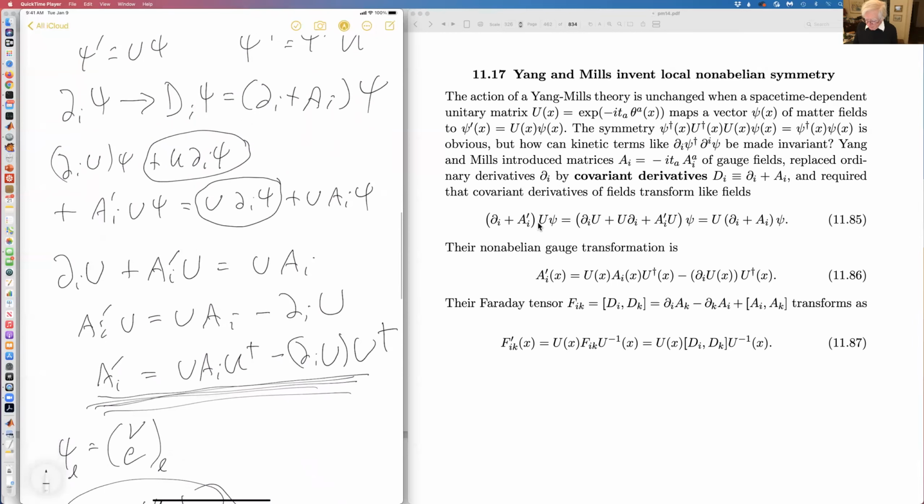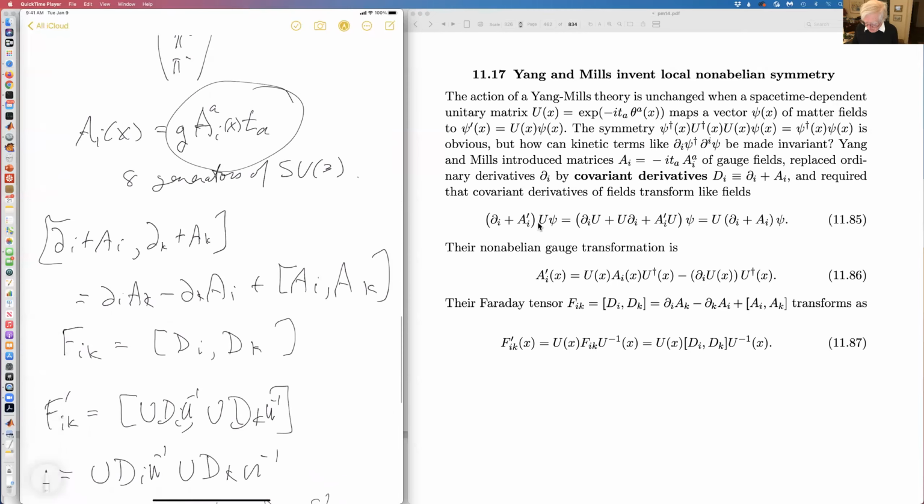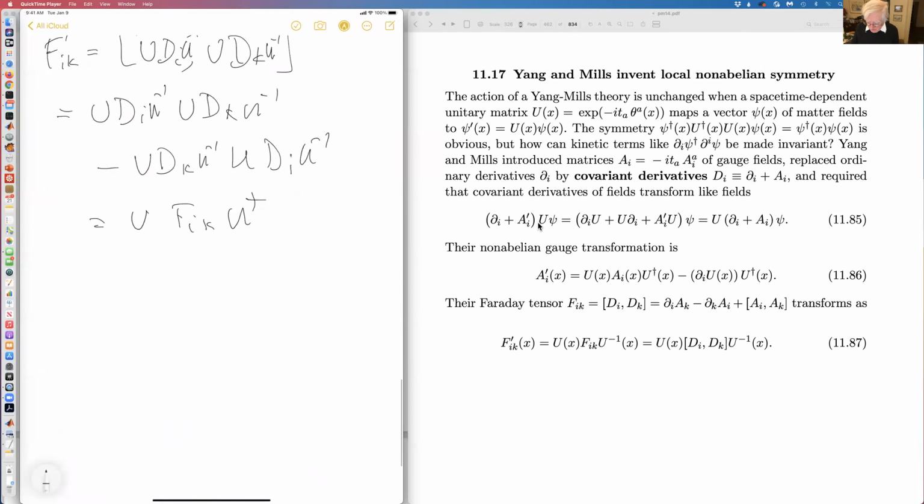Well, yeah, the A_i prime has a U adjoint on it. See, that's the U inverse. And so the expression for D_i prime is U D_i U inverse, or U adjoint.